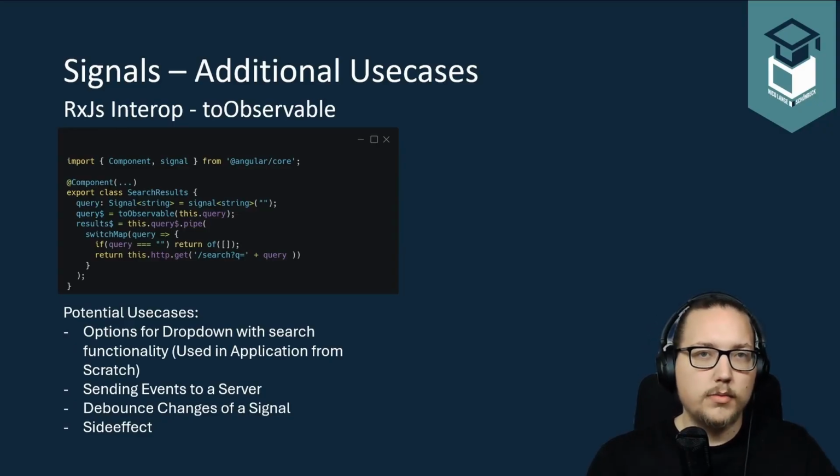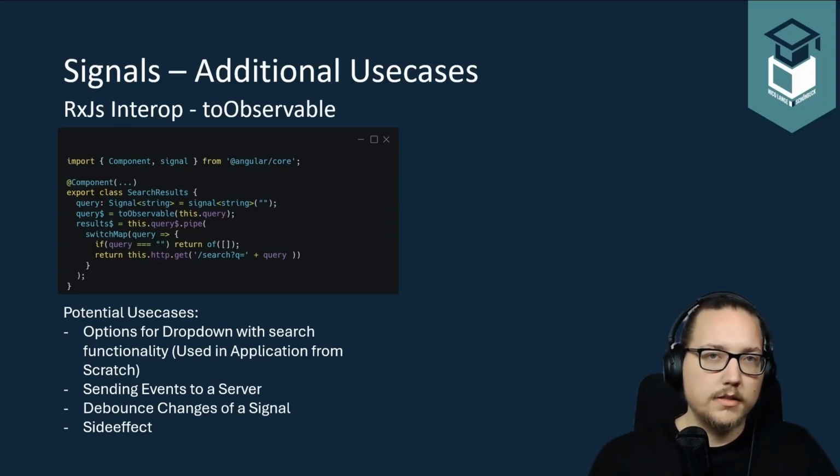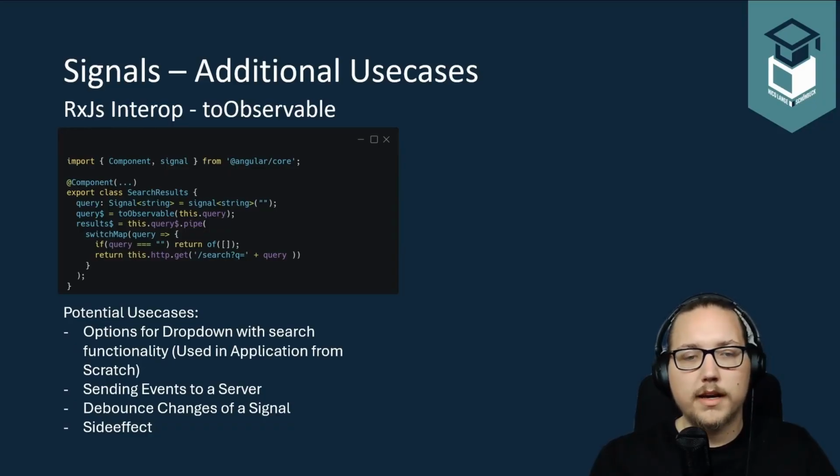Also, it could be possible to use it for sending events to a server. That means if you have some signals that give you information that you want to save on a backend, toObservable could help you, for example, to use debounceTime.